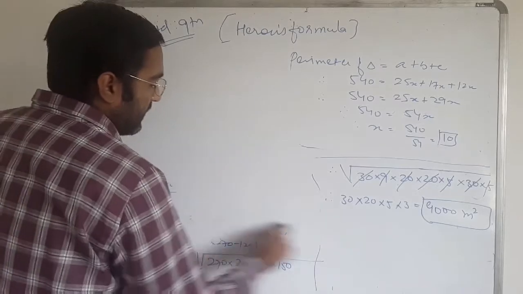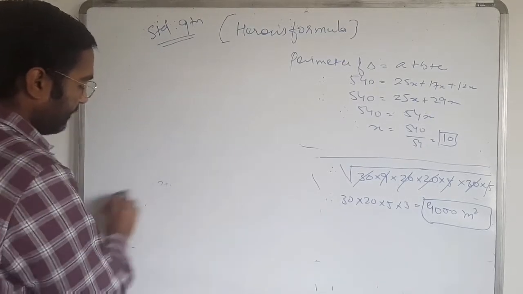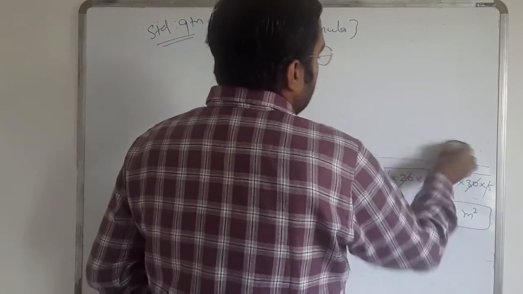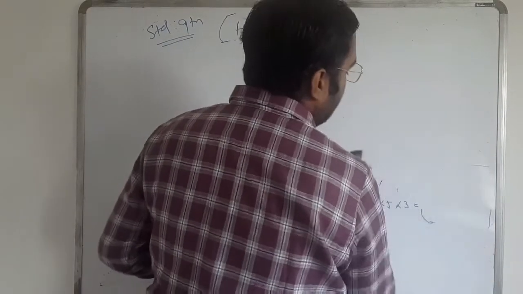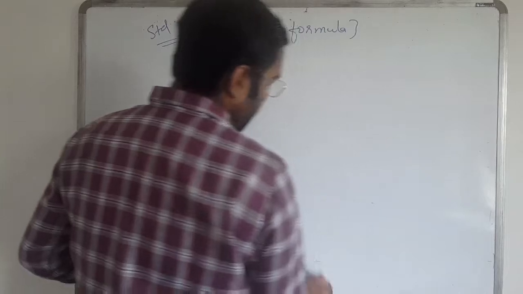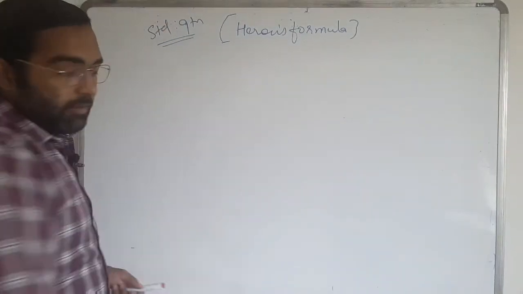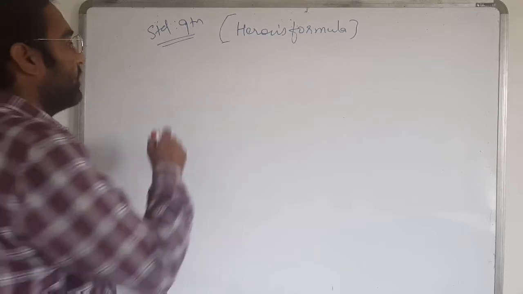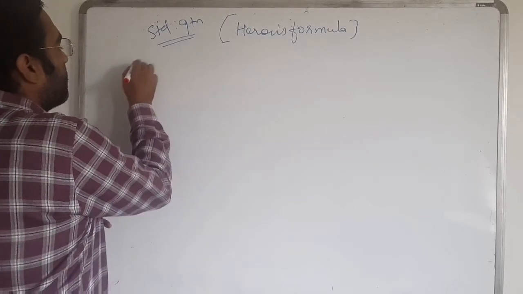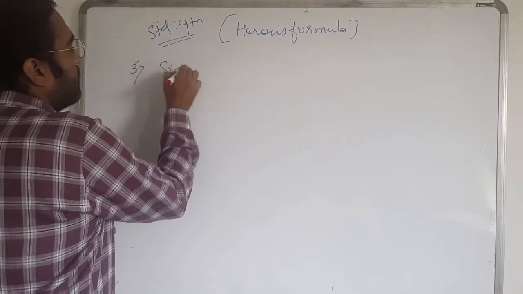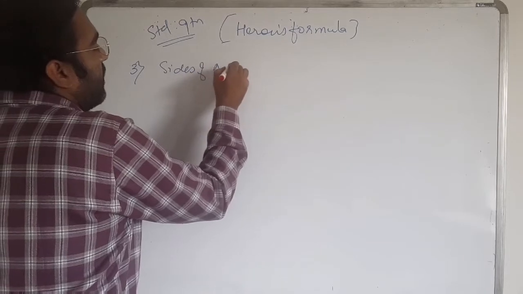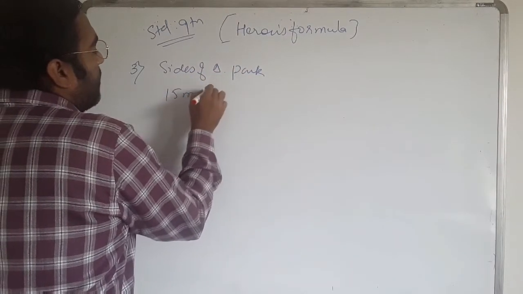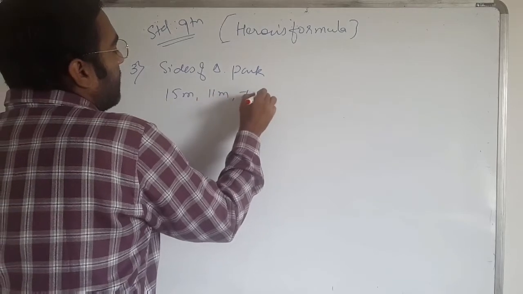The sides of the triangular park are given, that is 15 meter, 11 meter and 6 meter.